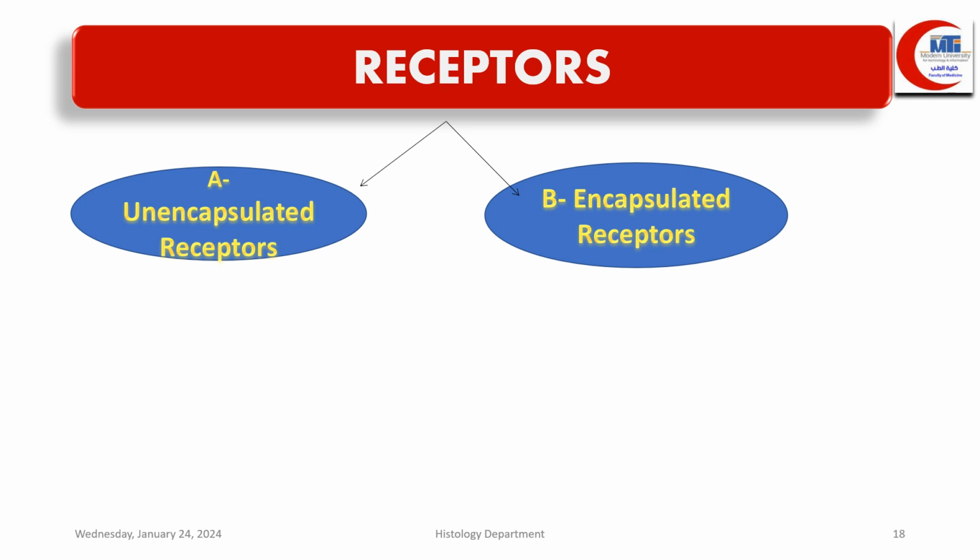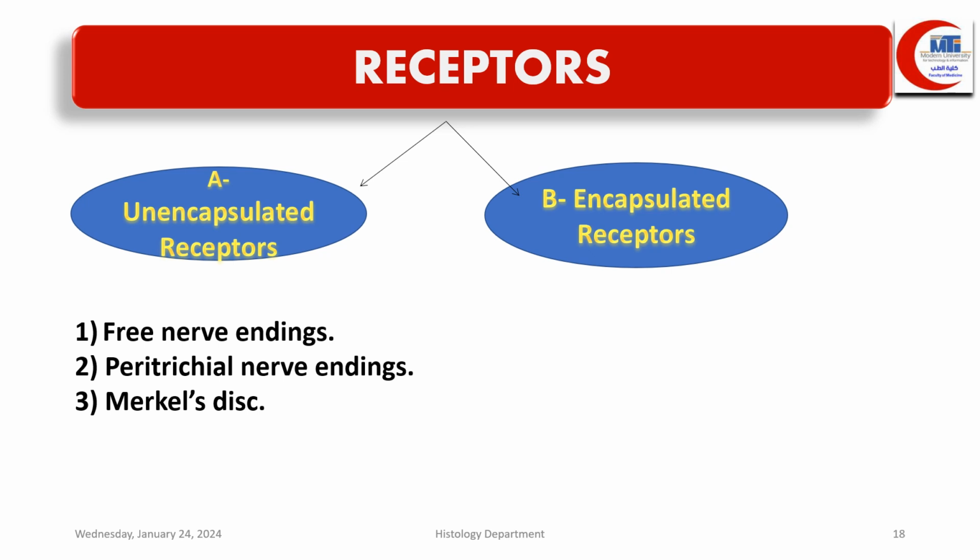Let's remember again, what about receptors? Receptors are subdivided into 2 types, as I have mentioned before. The first one is called unencapsulated receptor. The second one is called encapsulated receptor. And we understood that unencapsulated receptors, not covered by a capsule, are subdivided into 3 types, which are free nerve ending, peritrichial nerve ending, and Merkel tactile disc.